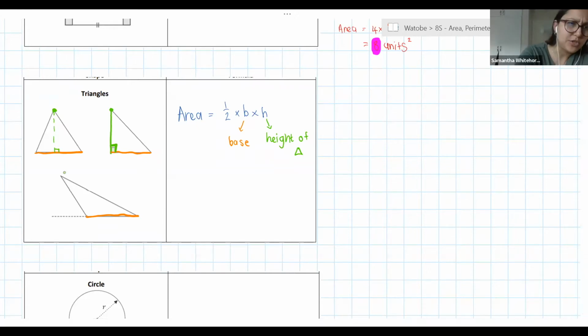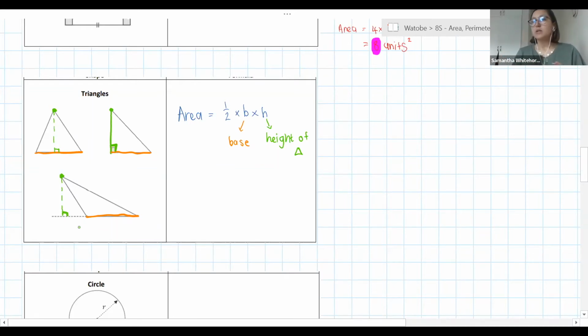And then for this last triangle, we can see that the highest point is this vertex up here. But when we drop the perpendicular base, that's no longer inside my triangle. Now, that's not a problem because the base length then is only the length within the triangle. I'm not including this little extra bit there. So that doesn't matter, but we do just need to bear it in mind.